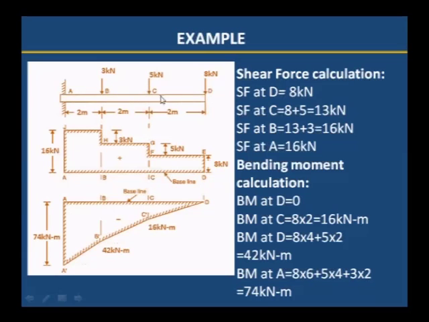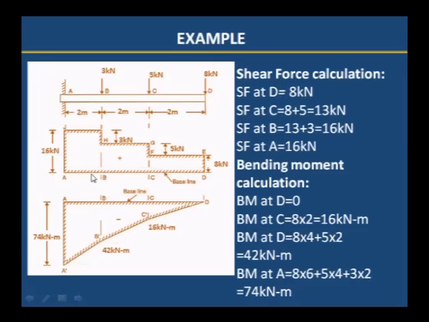Now I am considering the right side section, whatever load is acting. Next move towards A. Shear force at A: 8 kilonewton plus 5 kilonewton, 13, plus 3, 16, plus any other load, if there is any. No load is there, therefore total shear force is 16 kilonewton.